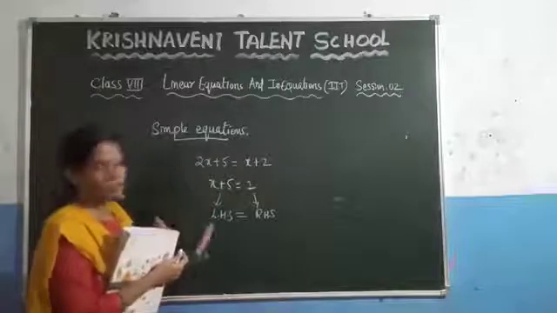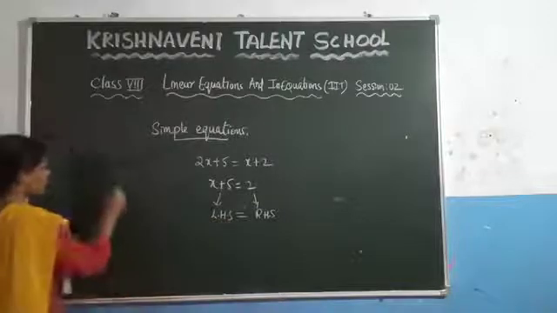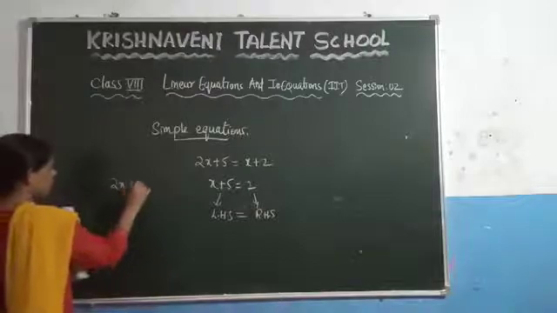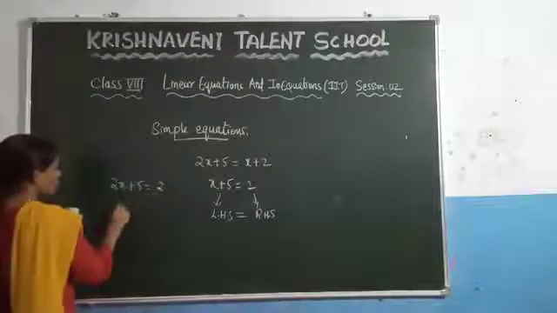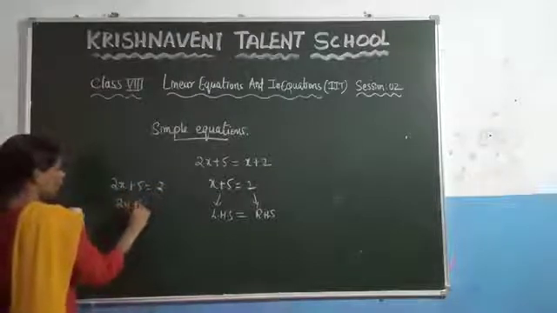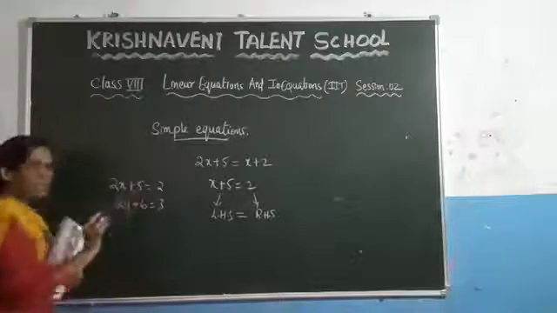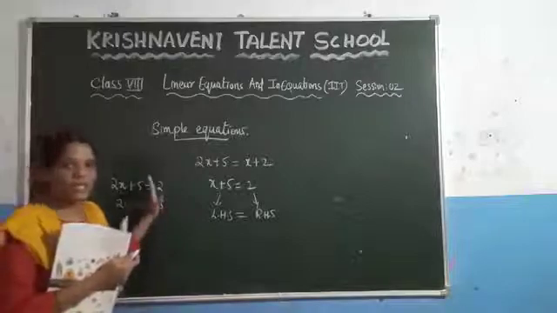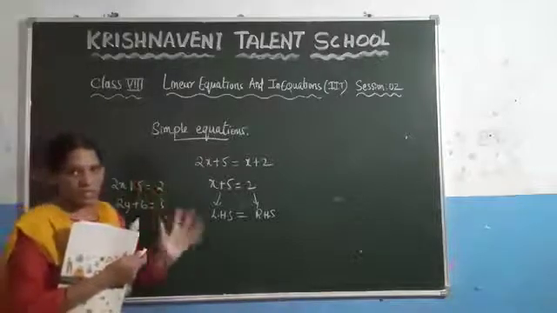If you are given two equations, let us consider a few examples: 2x plus 5 is equal to 2 and 2y plus 6 is equal to something. They have given two equations and asked to find the values of x and y, and you can find them by using various methods.